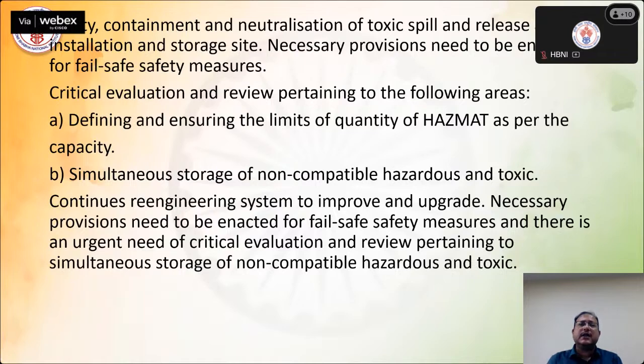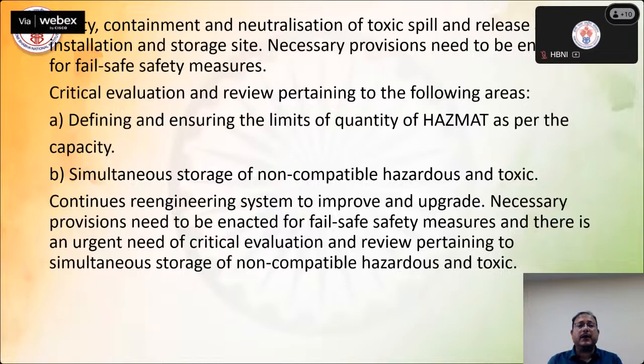People and industries sometimes ignore the results of not following the SOPs. So we have to understand that in any instance in the life of a factory, if we fail by even 1 second and take the wrong decision, 1 second is enough to damage the entire scenario and to kill a number of workers or people of the plant. So continuous re-engineering of the system to improve and upgrade is very much required.